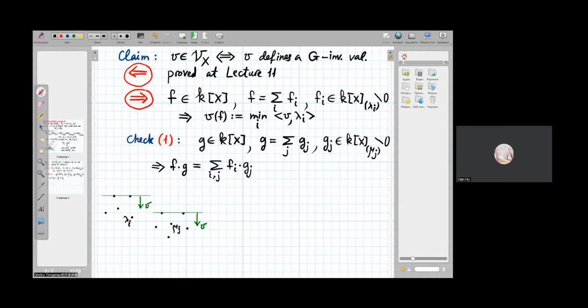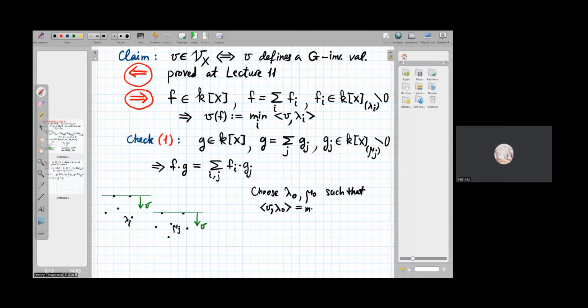And what we can do now, we can choose a weight, one of these weights lambda i's, say lambda naught, and one of these weights mu j's, say mu naught, such that the value v takes the minimal value on lambda naught among all lambda i's.